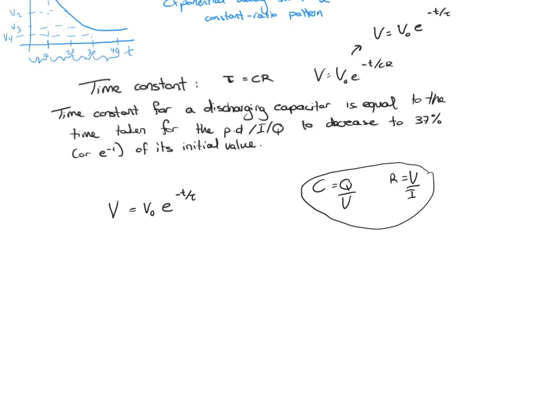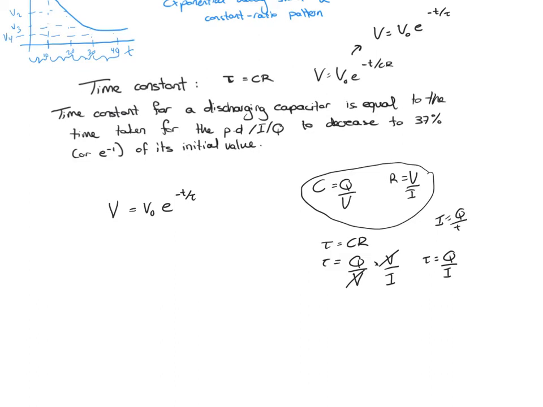Now, the time constant's unit is actually seconds, and we can prove that quite easily. If the time constant is equal to CR, and capacitance is equal to Q over V, resistance is V over I, then what I end up with is Q over I, and I also know that I is Q over t.